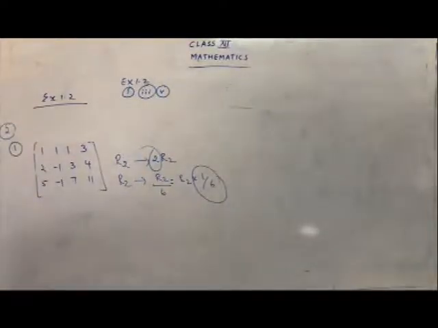Replacing a row of the matrix by a sum of the row with a non-zero scalar multiple of another row. See the statement carefully.